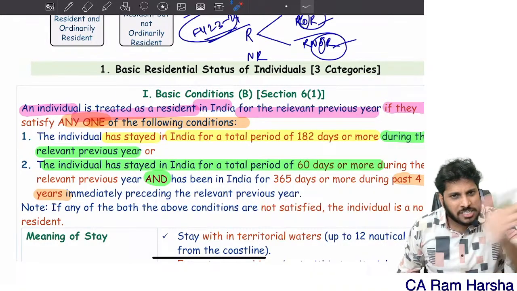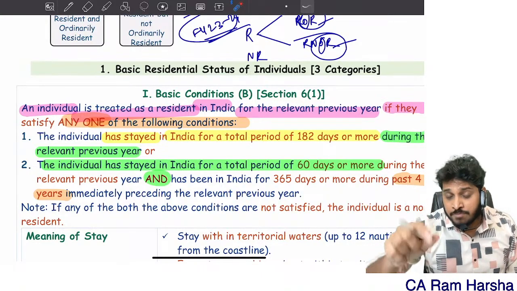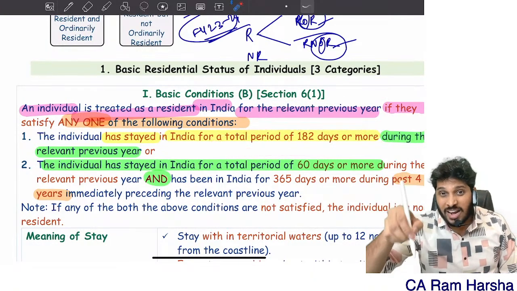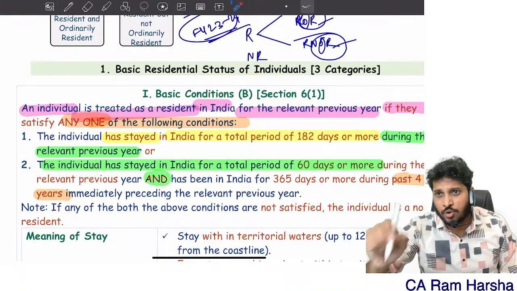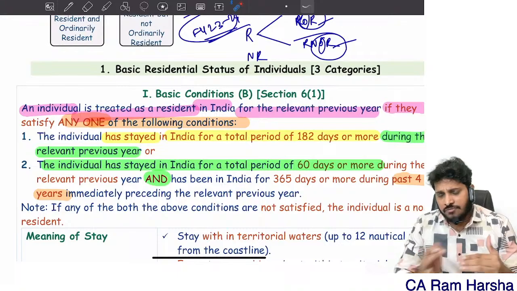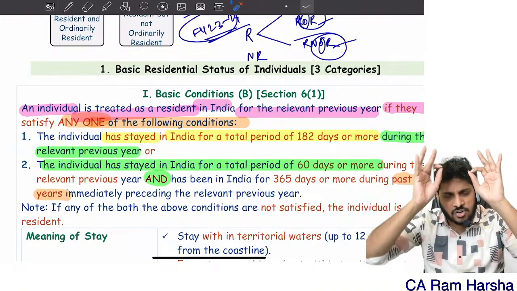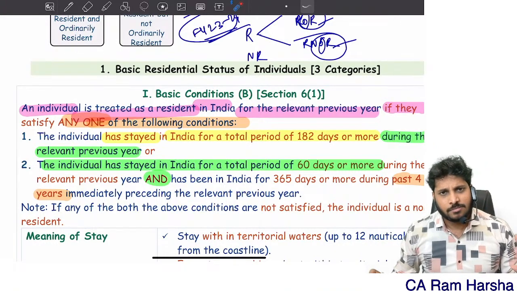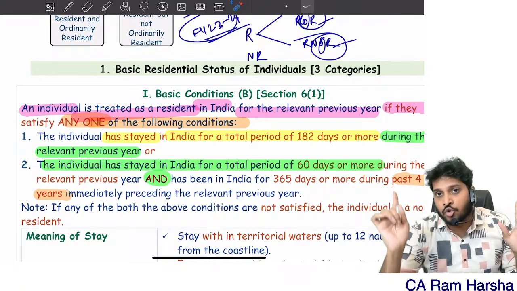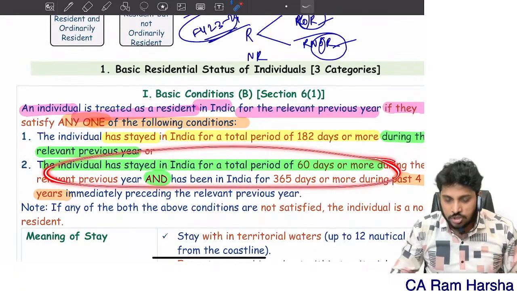For an Indian citizen who is leaving India for employment or as a crew member, he will be a resident in India in the current year only if he stays 182 days or more. Sir, if they stayed less than 182 days, what is the consequence? They are always non-resident. Straight away they are non-resident. For whom? Indian citizen leaving India for employment, or leaving as a crew member in an Indian ship. For him only B1, the 182 days logic, you will apply. 60 days logic you will not apply.